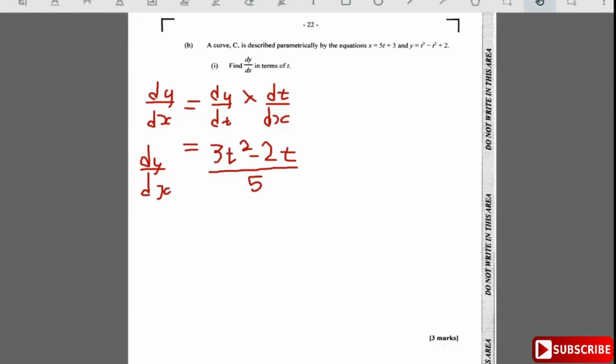It says, hence, determine all points of C such that dy by dx equals 0. So this is dy by dx, and we're going to solve it equals 0.